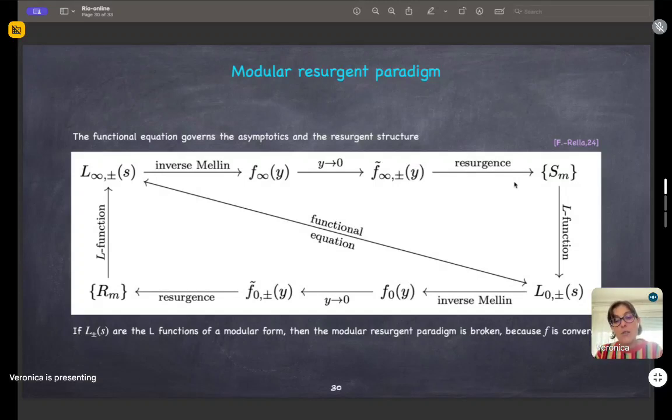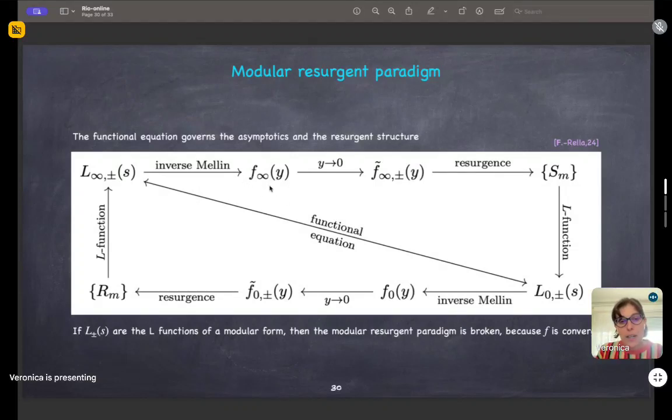So in a certain sense, it's true that modular forms are examples of quantum modular forms, but they don't really fit in this paradigm. This is something more special, and we expect to be able to prove that it characterizes a certain class of quantum modular form.